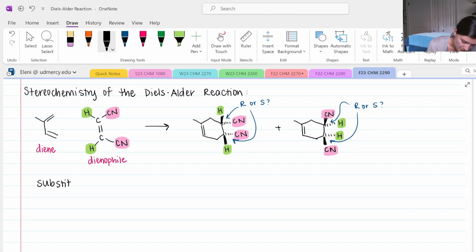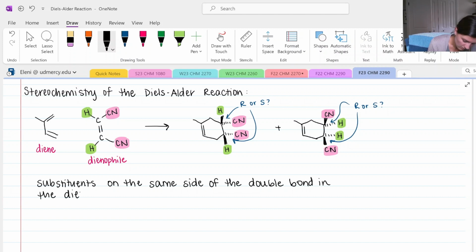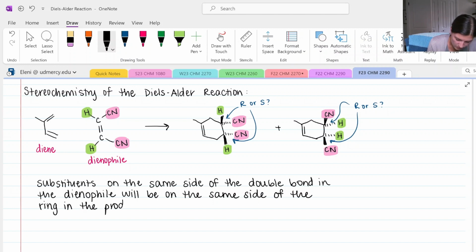Substituents on the same side of the double bond in the dienophile will be on the same side of the ring in the product, so that means both wedges or both dashes.